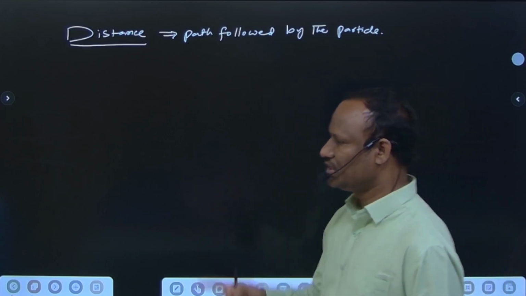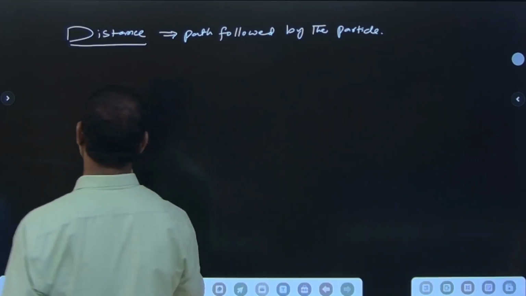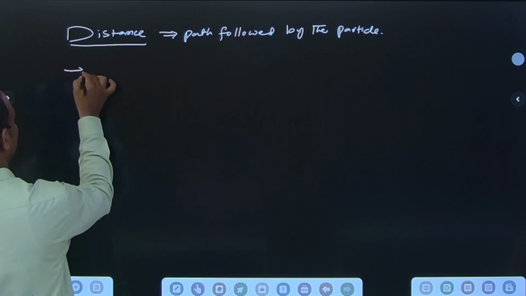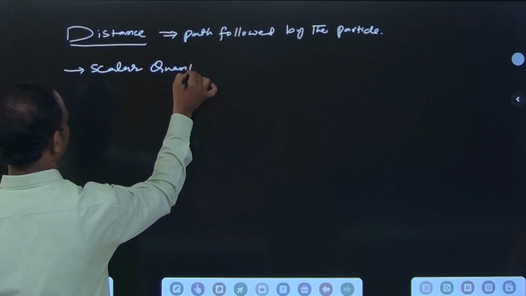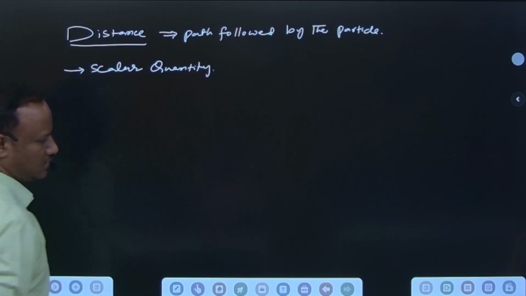For distance we need not follow the sign convention, because it is a scalar quantity.